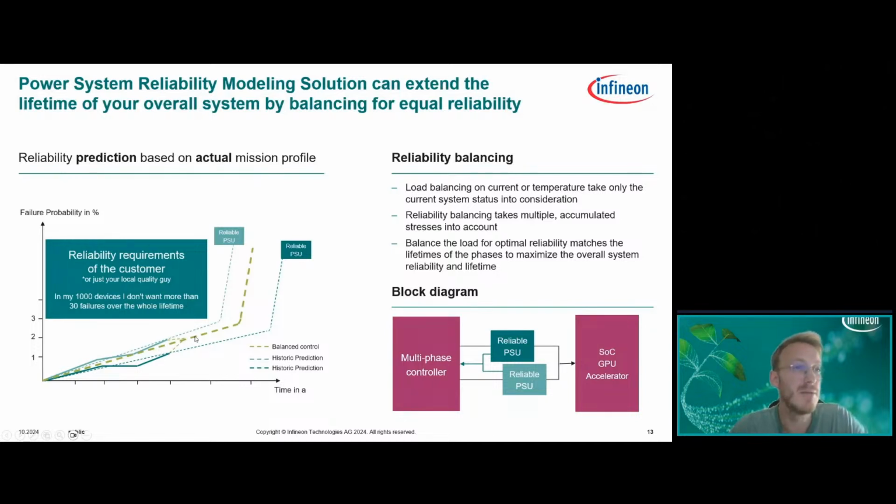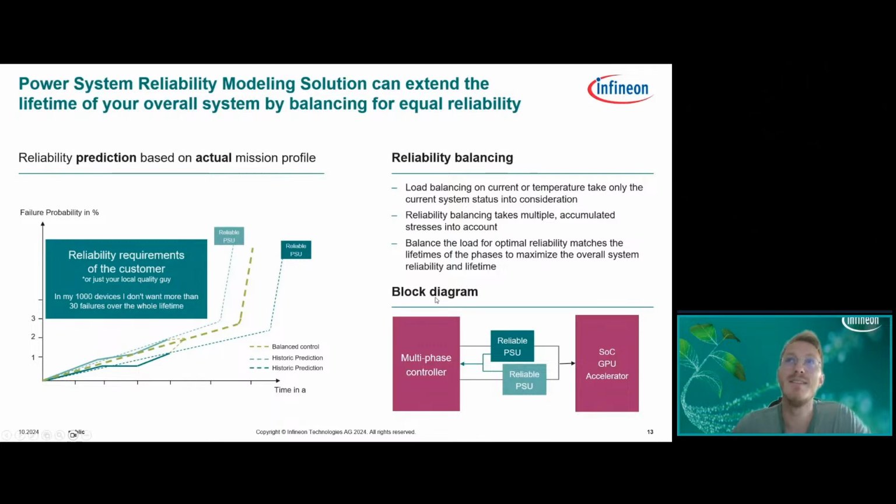The benefit is that if you only balance the load based on current or temperature, it's always only balancing on the current point in time, right? But our solution lets you balance on the whole history of the power supply.